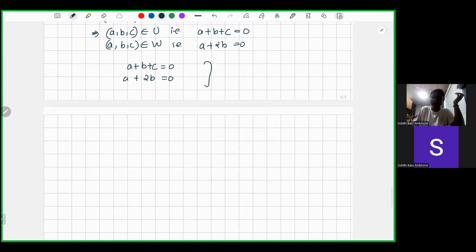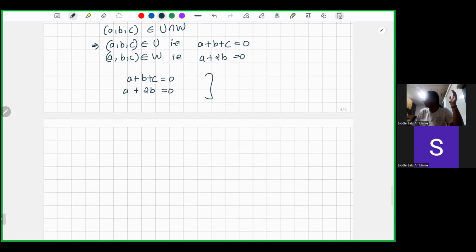We calculate what are the possibilities of A, B, and C, and whatever we get will give us elements from U intersection W. If we try to solve this simultaneously, from the second equation we directly get A is equal to minus 2B.